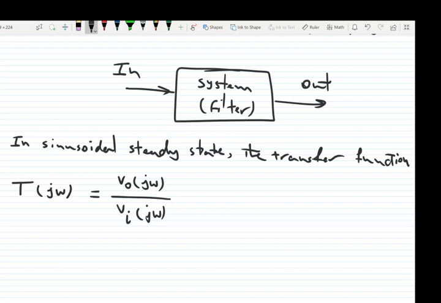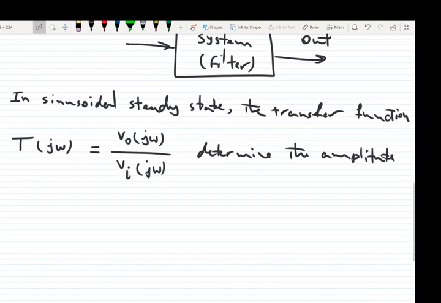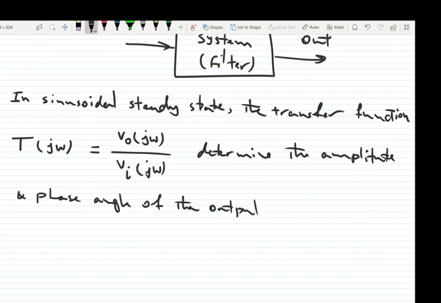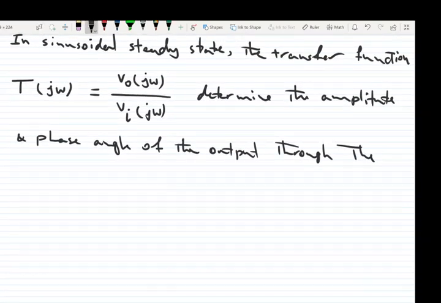So in sinusoidal state, the transfer function T of j omega determines the amplitude and phase angle of the output through the gain function.